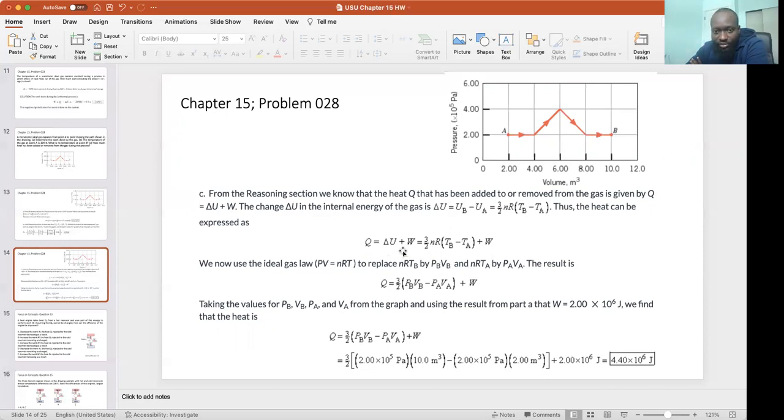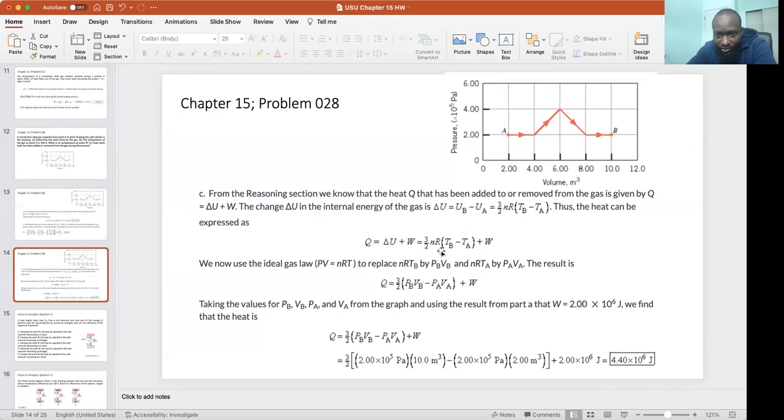Now we use the ideal gas law, PV equals nRT, to replace nRTB and nRTA. It gives me PBVB minus PAVA, and then plus W still stays.